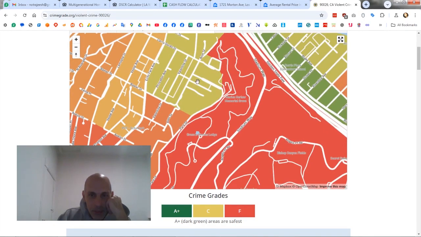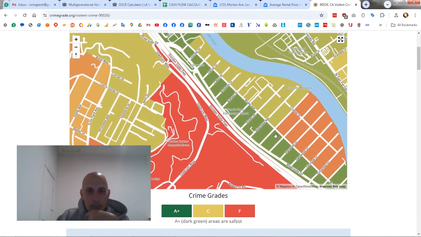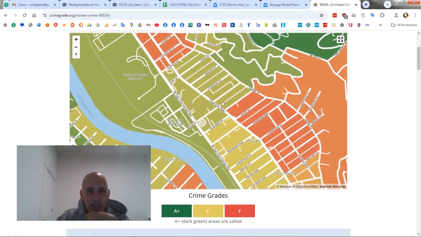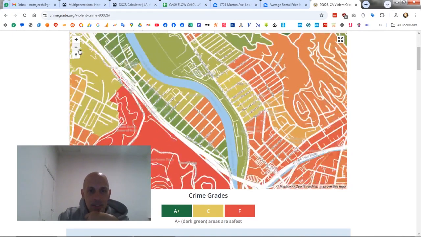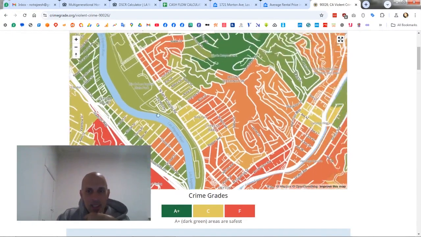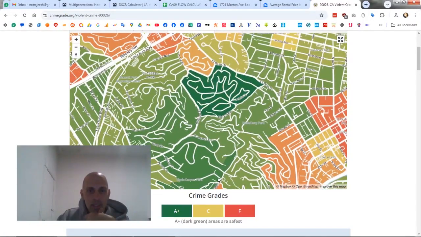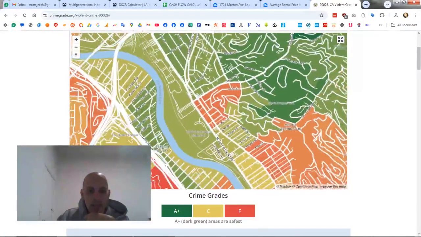Wouldn't be great. This area seemed pretty attractive, but like you just cross the freeway and bam, safer. For a little bit, like this little section here is safer. And then you get to the other side of Mount Washington, and we got sort of like these safe zones right here.